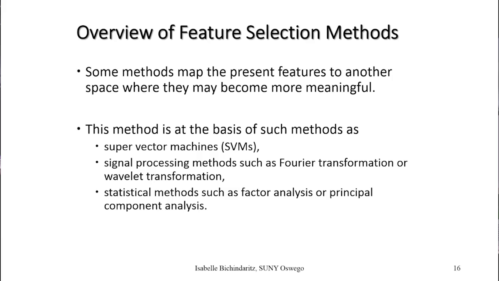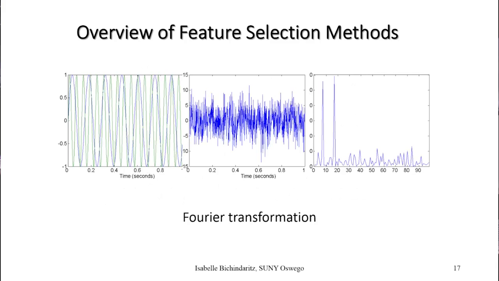Some methods map the present features to another space where they may become more meaningful. This is a case of such methods we're going to see in the future, like support vector machines, in signal processing methods as well, like a Fourier transformation or wavelet transformation, and statistical methods such as factor analysis or principal component analysis. We see here an example of a Fourier transformation.